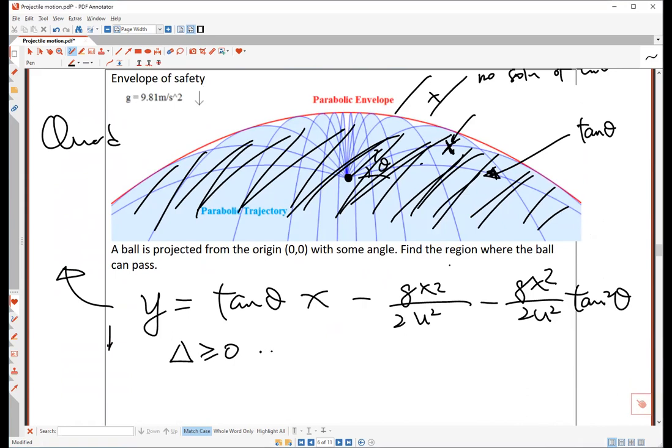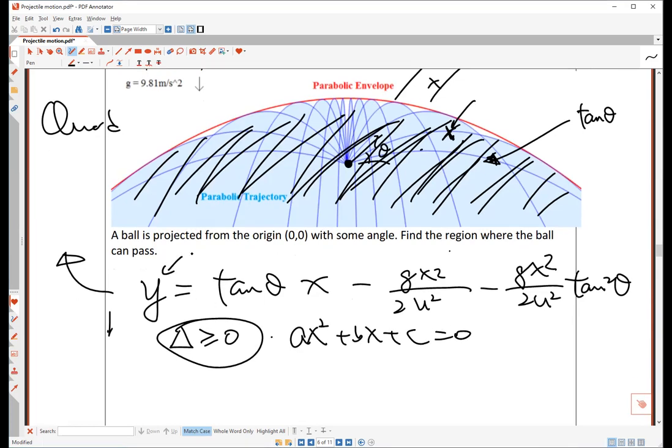So then how can we solve it? Be reminded that for using the discriminant, you should have the form ax squared plus bx plus c equal to 0. So don't omit the y on the left hand side.